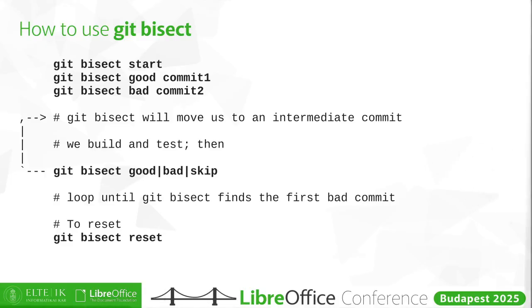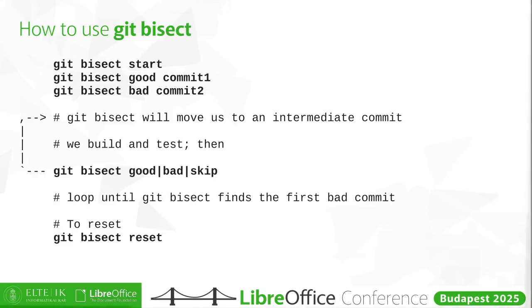And once Git Bisect has that, it will automatically move us to some commit in the middle. We don't even care which one it is. We're just going to build, run, test, and mark. Build, run, test, and mark. Build, run, test, and mark. So we're going to loop maybe 4 times, 8 times, 12 times, 15 times.